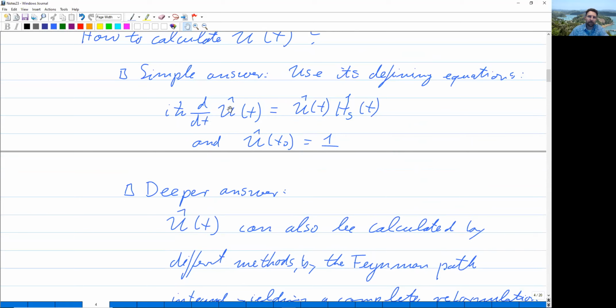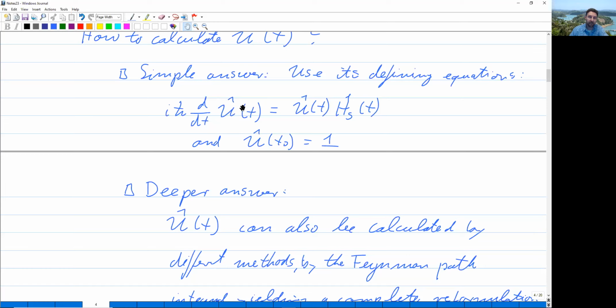It's the u hat of t is an operator-valued function of time. And solving a differential equation whose solution is an operator-valued function of time, or in a basis a matrix-valued function of time, or a integral kernel-valued function of time, is harder than solving a differential equation for a vector-valued function of time, such as the Schrodinger equation.